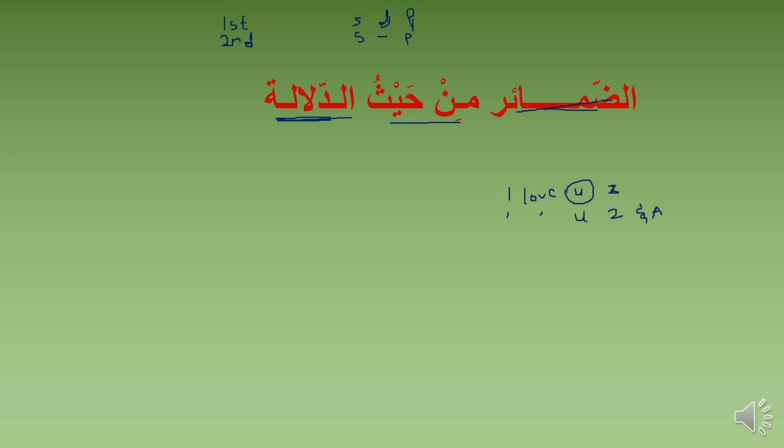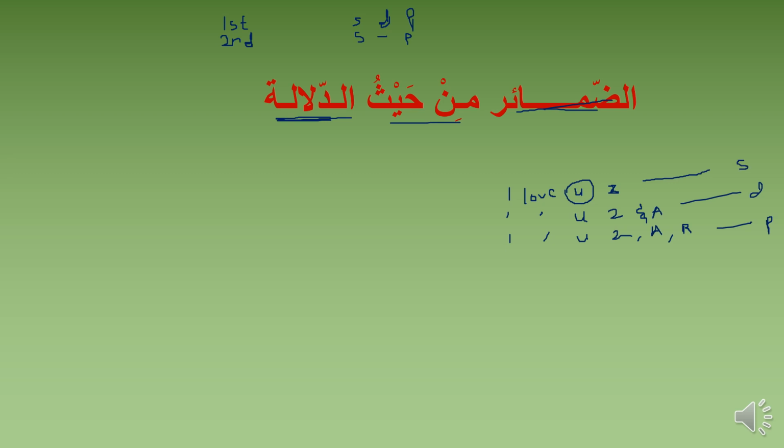I want you to be noting the you. Then also, I love you, Zainab, Aisha, and Rodia. You can see this is dual, this is plural, and this is singular.